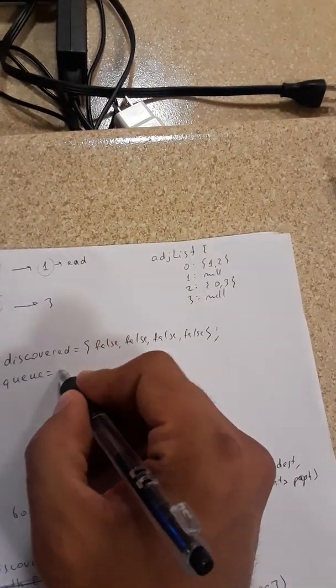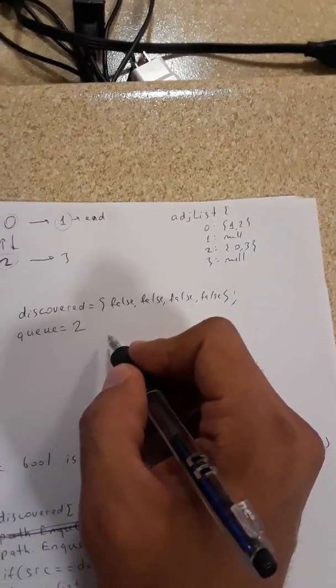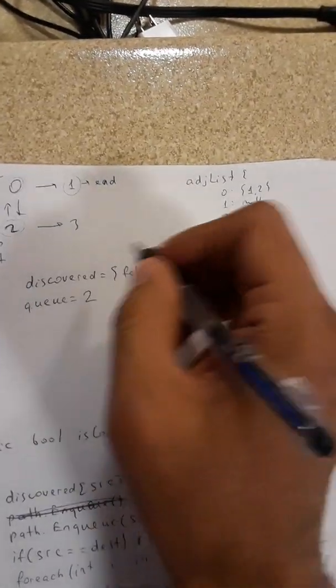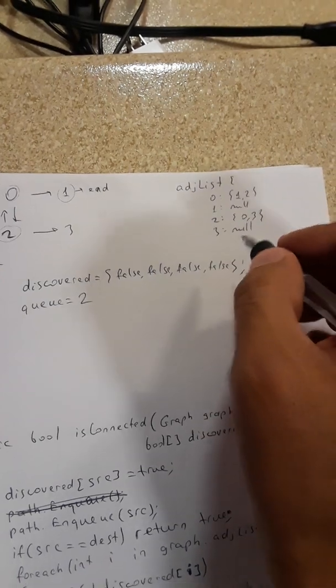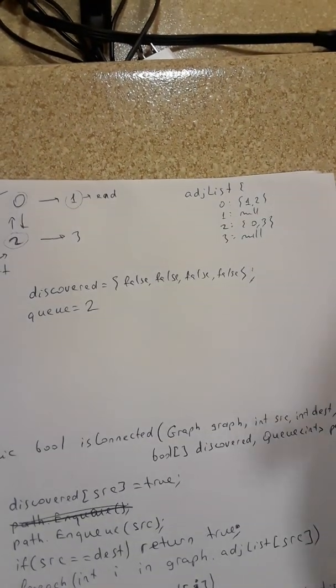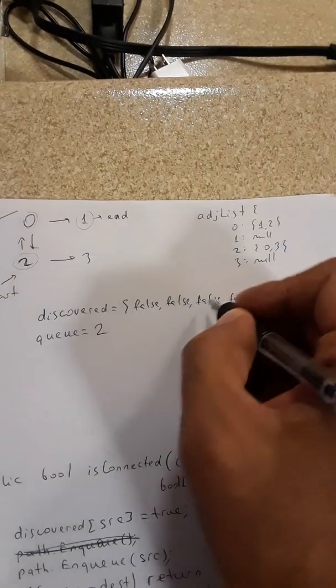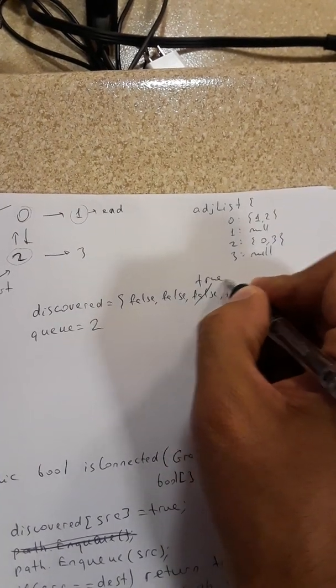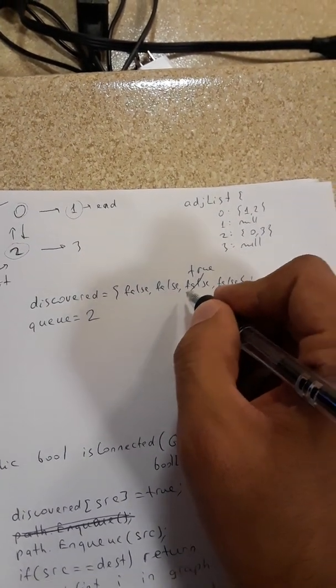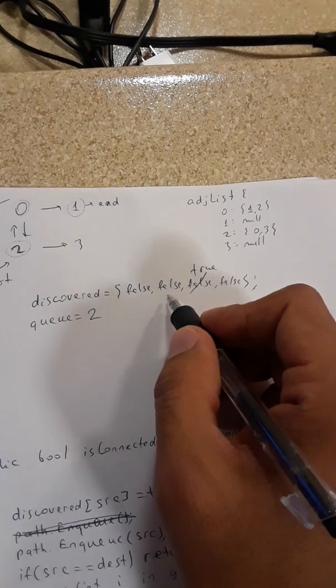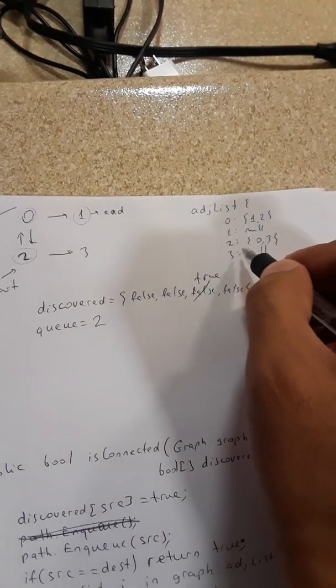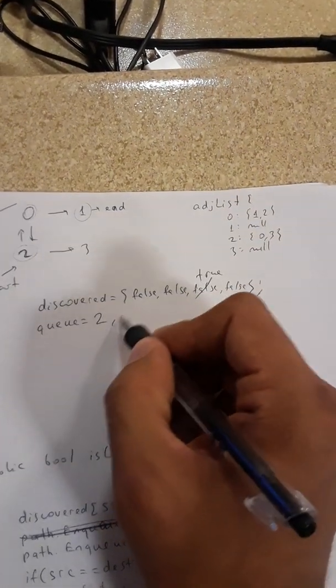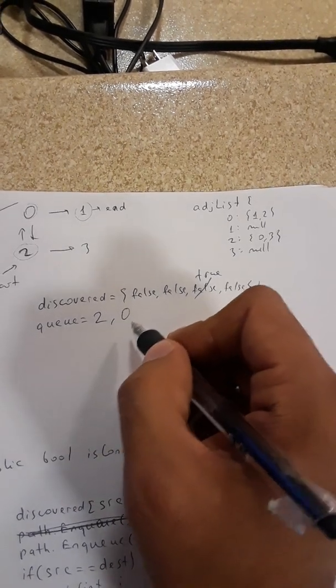Once we start putting our path into the queue, we'll keep putting values in, changing the value to true. If it's not true, we'll keep pushing the values from 0.